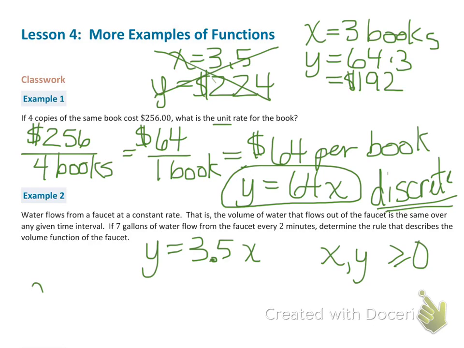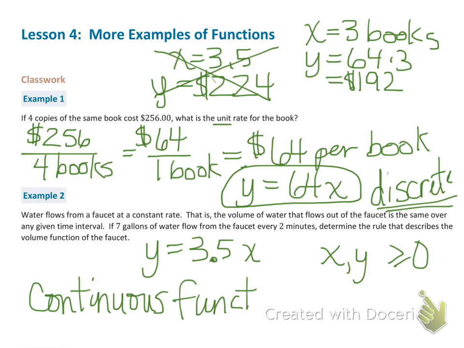This would be a continuous function because there would be no gaps between the possible inputs. We have an infinite number of inputs and they're right up next to each other. Okay, so continuous function. Example 1 is an example of a discrete function.